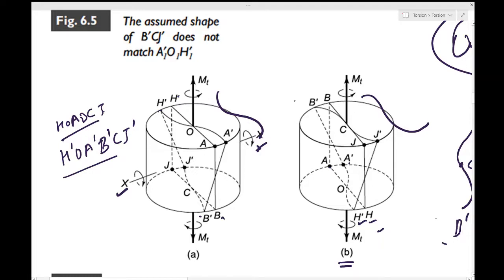So this assumption which we have rules out the possibility that this particular deformation will work.